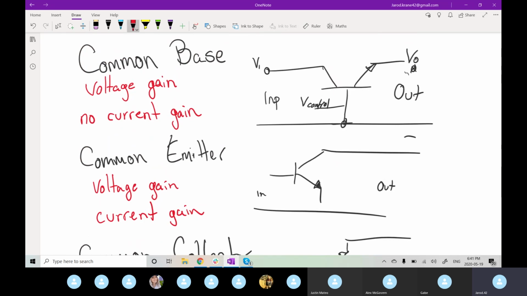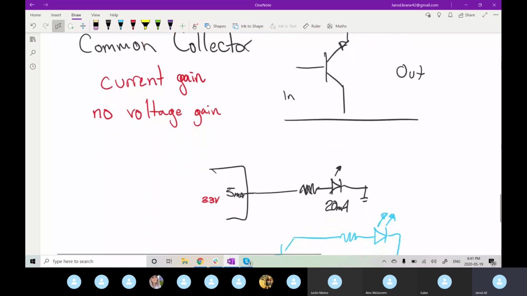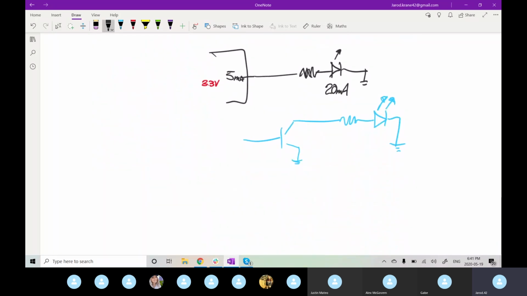Similarly for common base, it can work in the opposite.